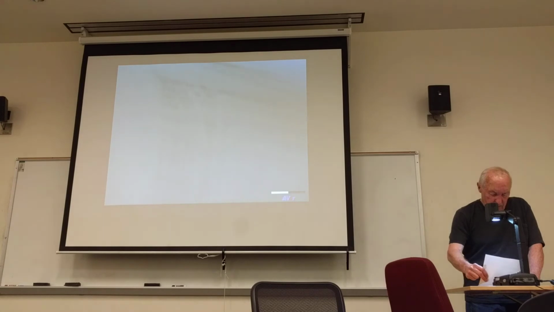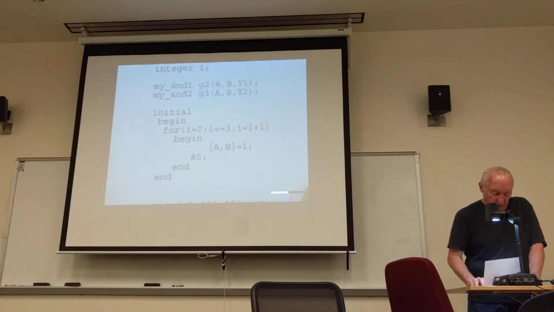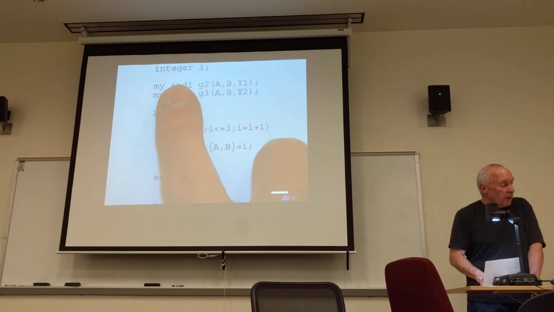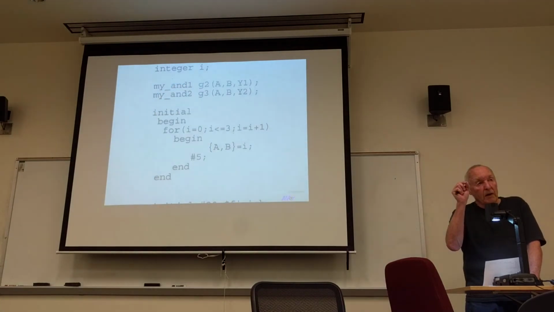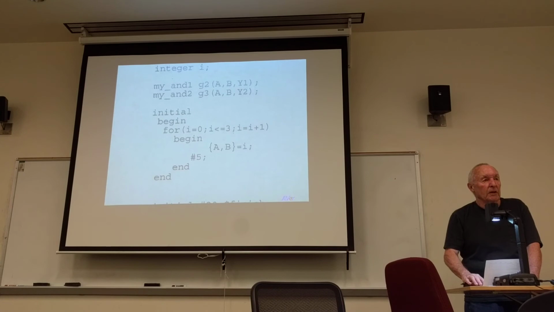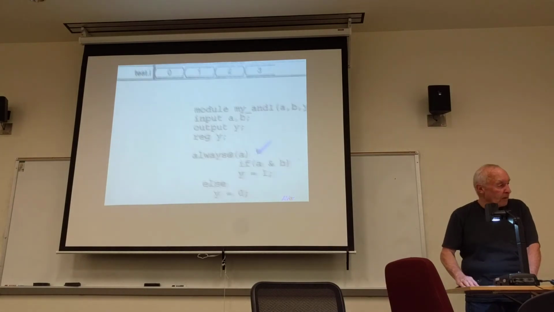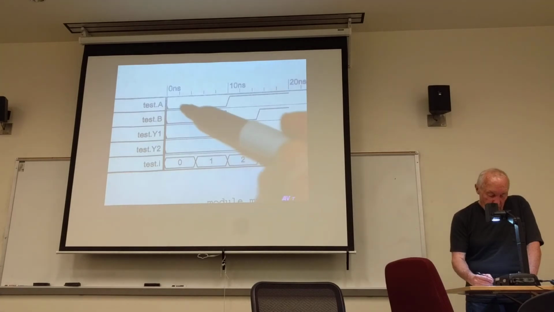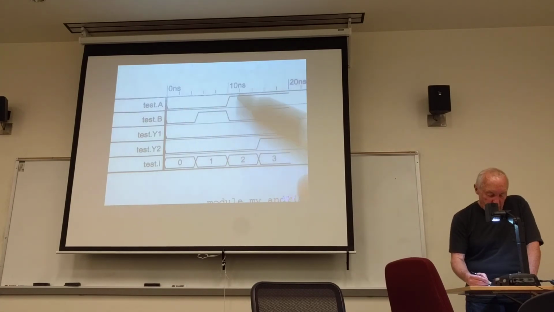Now, so that we're clear here on the way these are instantiated, Y1 is going to be the output from my AND1, where I did not have a complete event list, and AND2, I did have the complete event list. So here's my inputs: 0, 0, 0, 1, 1, 0, 1, 1.